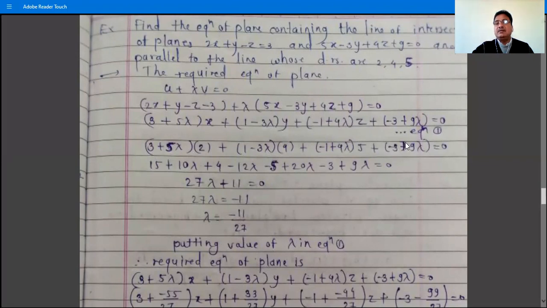We have the coefficient of x multiplied by 2, the coefficient of y multiplied by 4, and the coefficient of z multiplied by 5, equal to 0.